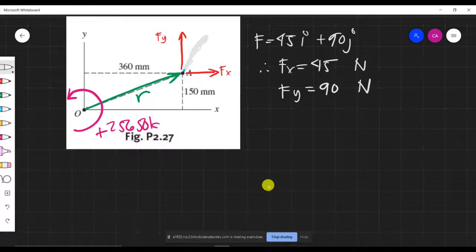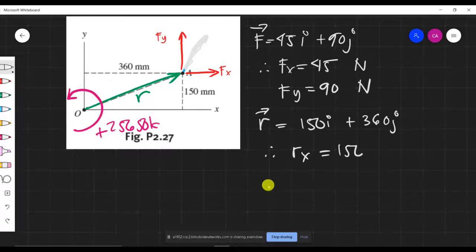Kapag ginawa natin yan, hahanap tayo nung distance vector or hahanap tayo ng, so yung R vector natin, so this is vector F. So, yung vector R natin is merong vector na 150I plus 360J. Baliktad.